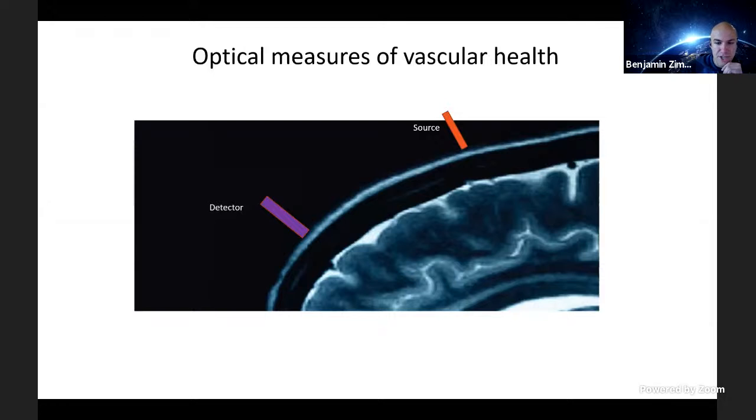This method works by shining near-infrared light into the head, which passes through the skull into the brain, and then detecting it at some distance away. So you can imagine that different photons from the source of light have different fates. Some of them will bounce around the tissue, and as luck would have it, they end up bouncing back into the detector. So those are the ones that we end up seeing and that we can measure. A lot of the other photons we never see.